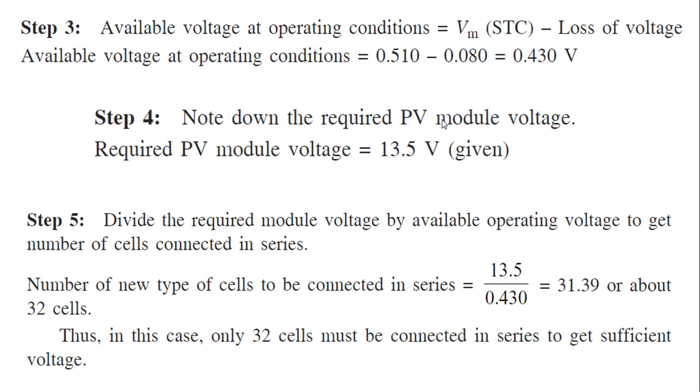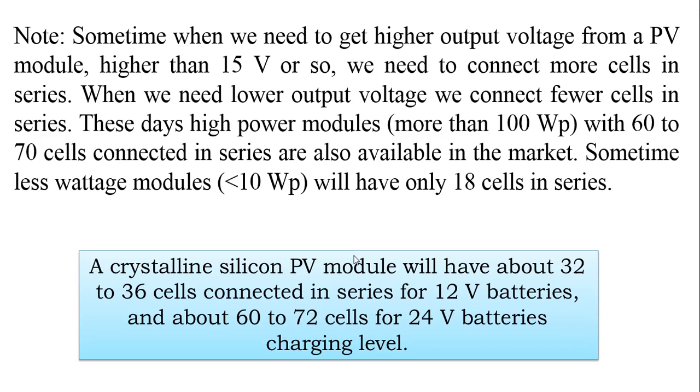It is very simple: 13.5 volt divided by this available voltage. So ultimately we'll get 32 cells. In this case, only 32 cells must be connected in series to get the required voltage.